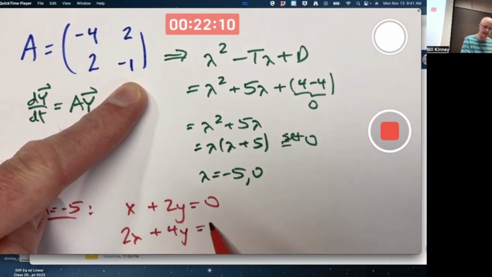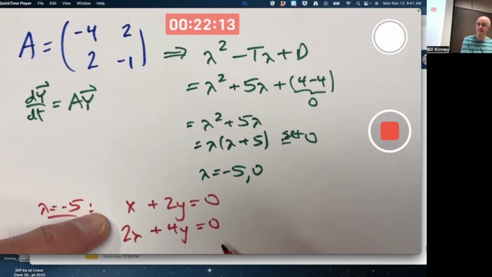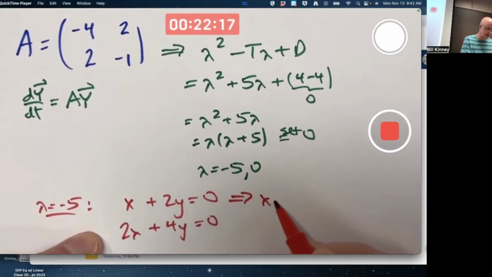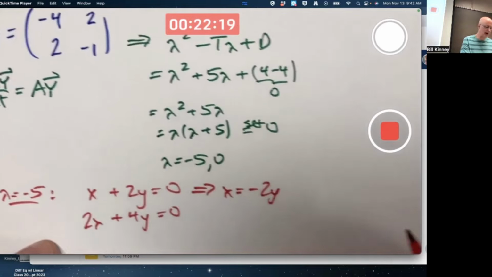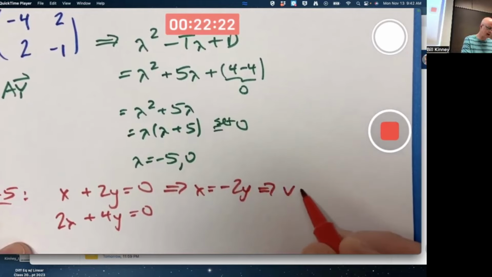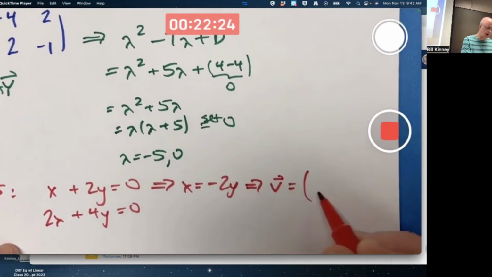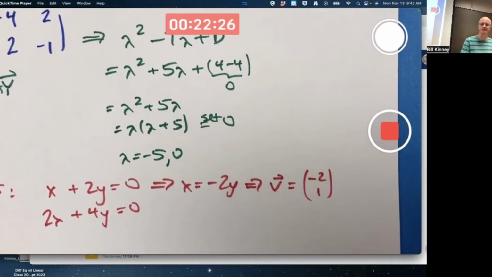Yeah, these are scalar multiples of each other. There are non-trivial solutions. We could solve for x in terms of y and think of y as a free variable and write an eigenvector. Take y to be 1 and then x would be -2.